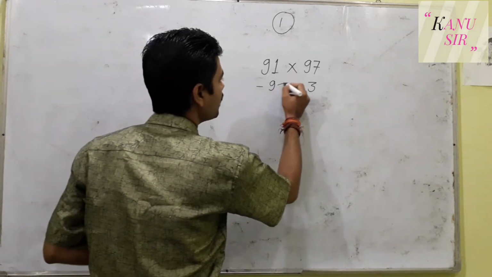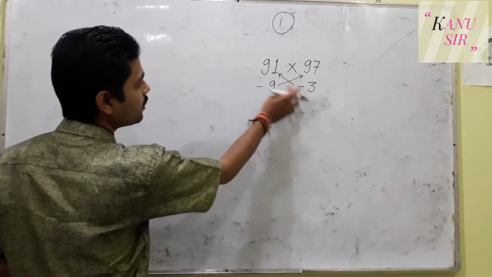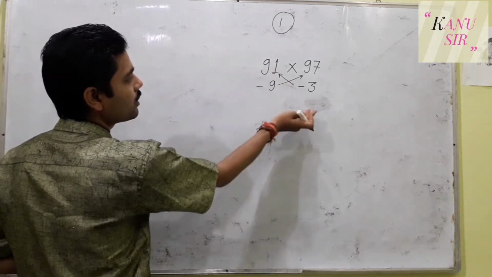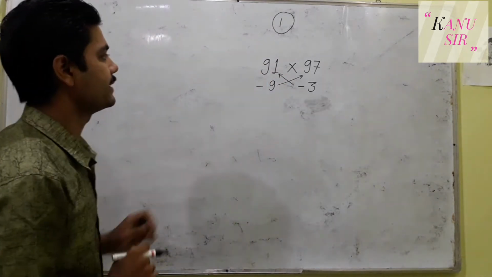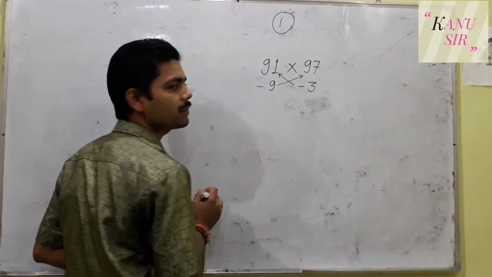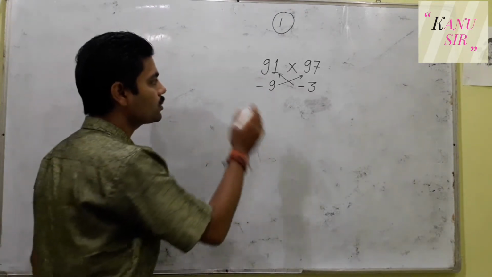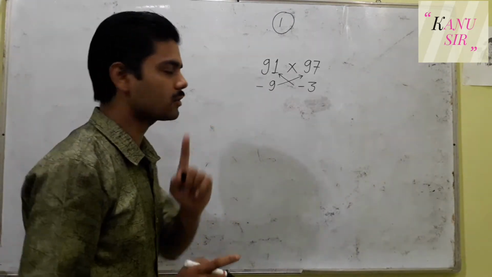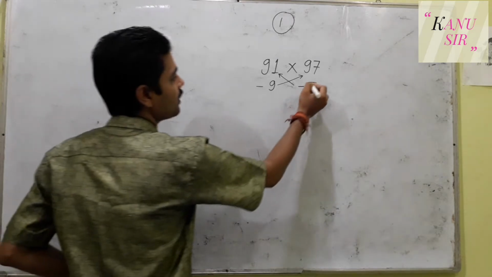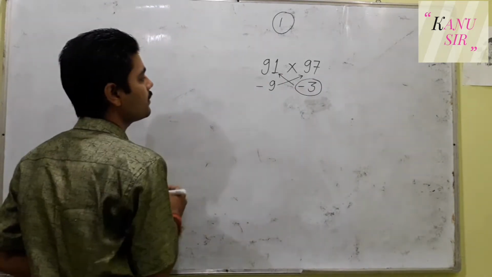The next rule is that you have to subtract the shortfall of one number from the other number. Like 9 must be subtracted from 97, or 3 must be subtracted from 91, but you just have to follow either of the subtractions. So let us assume I am subtracting 3 from 91.